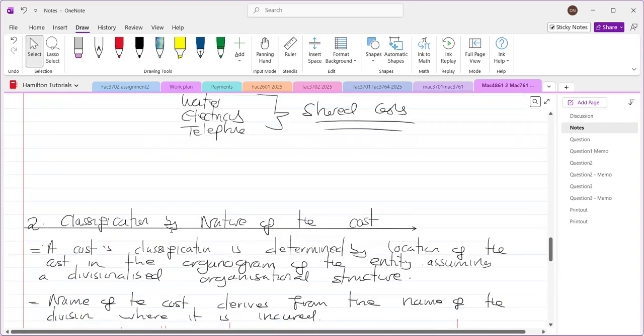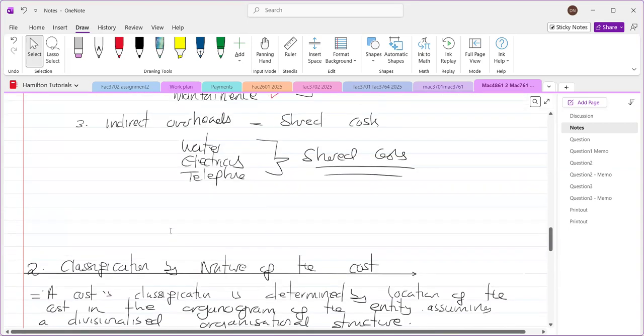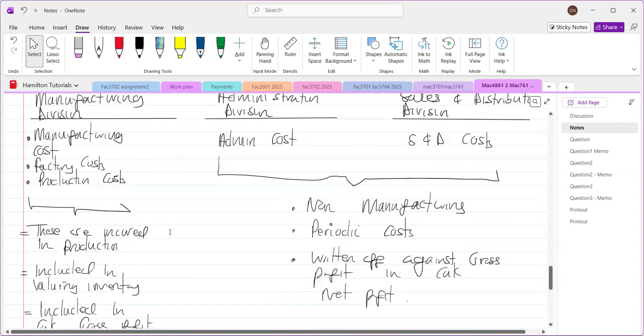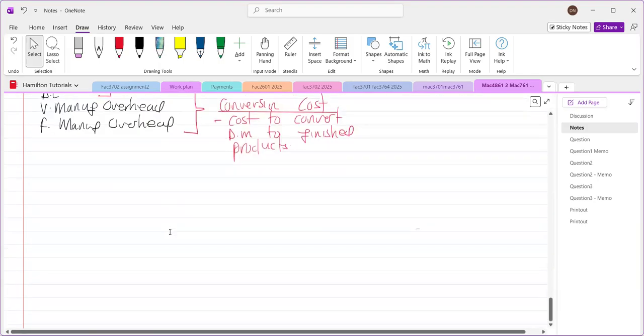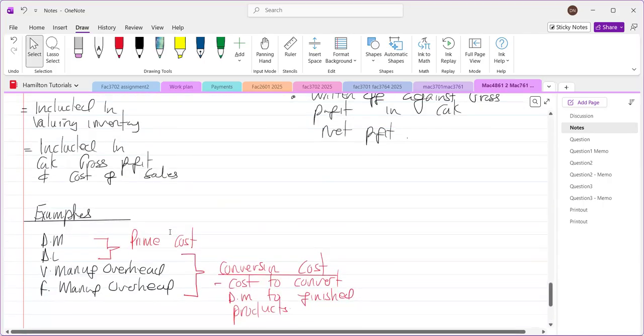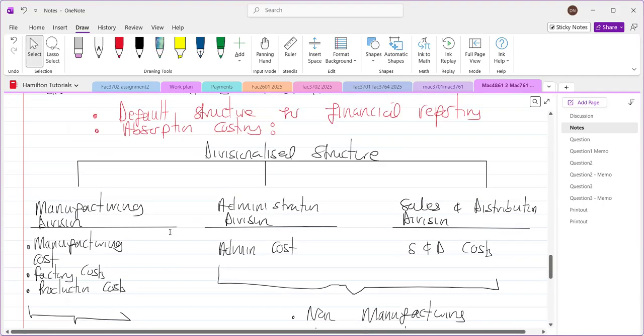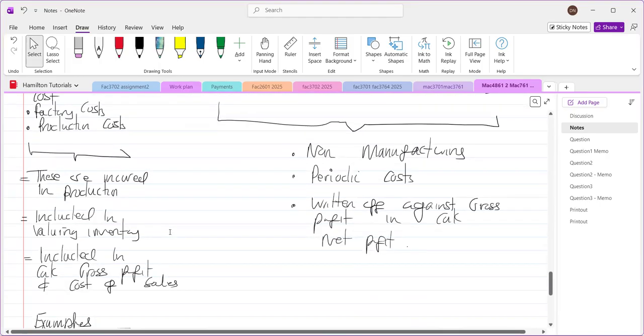But in terms of classification of cost by nature, this is what we are talking about. It gives manufacturing costs, administration costs, and sales and distribution costs. So you should be very clear on the different things that affect, especially the manufacturing division, where things are supposed to go.